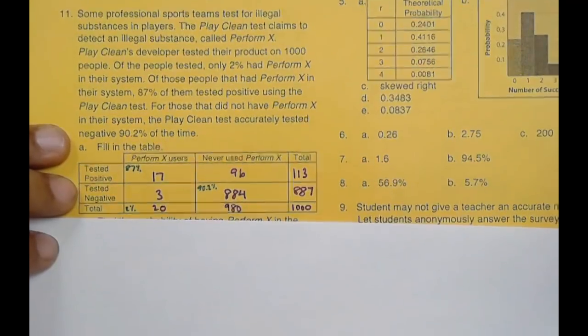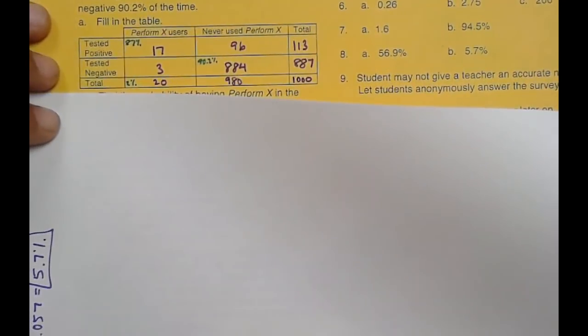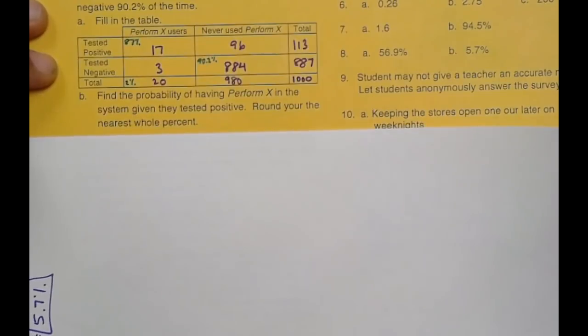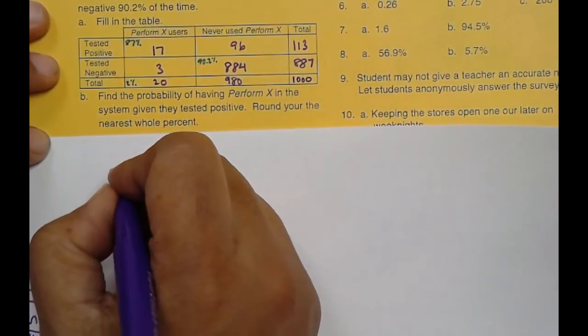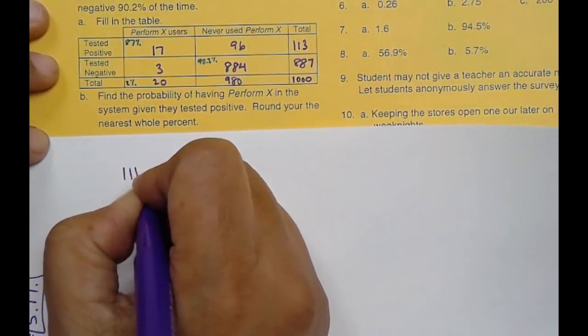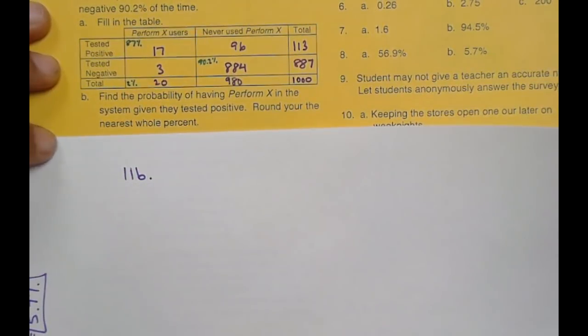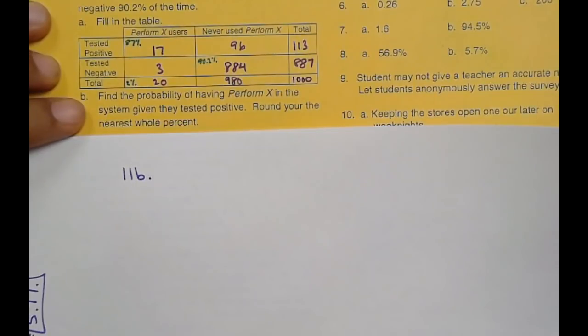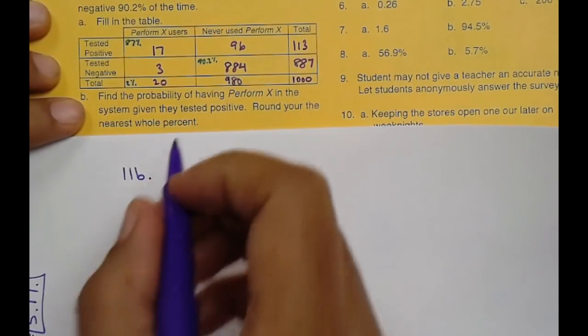All right. Now that that table's filled out, let's use that information to find some probability. Let's do this first one. It says part B, this is for number 11. Find the probability of having Performance X in the system given they tested positive.